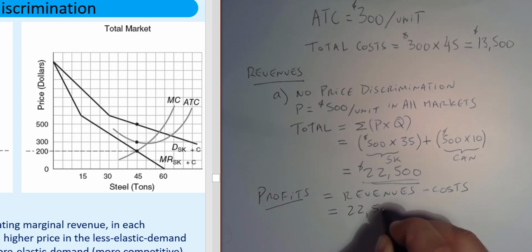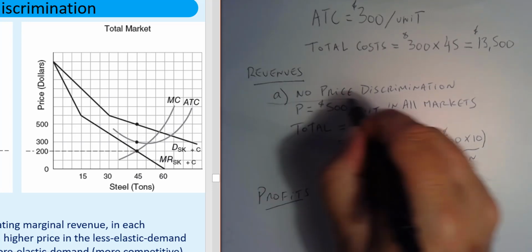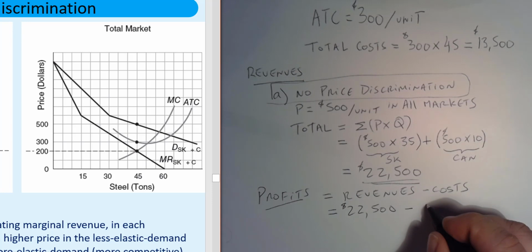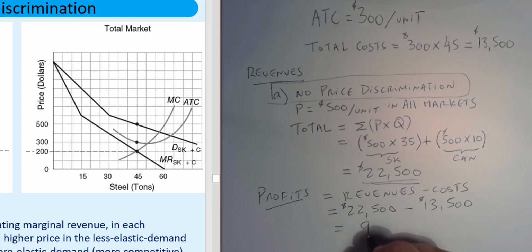If that's the case, this firm, under the no price discrimination scenario, is going to have a profit of $9,000.